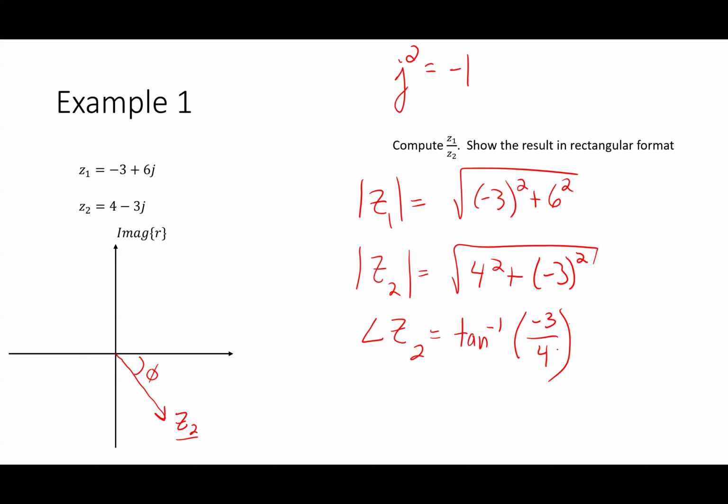Okay. All right, now what about for our friend Z1? What do I do for him? What's that? All right, so you can see the arctan of 6 over negative 3. I have to take into account the fact that it's over in the other two quadrants. Where is this guy? Which quadrant? 2. So over 3 up 6.